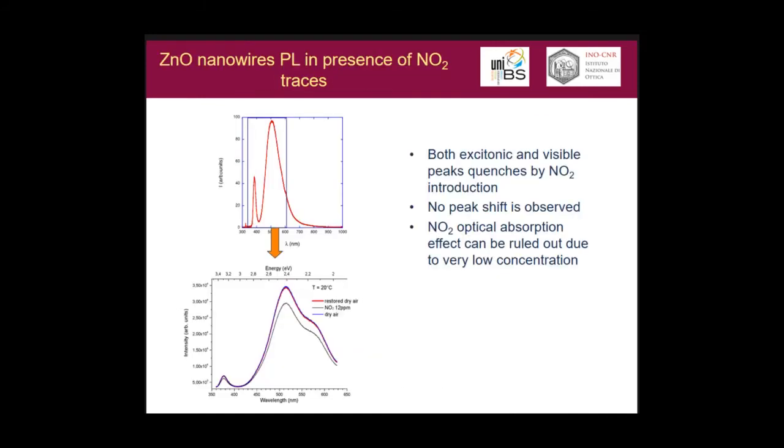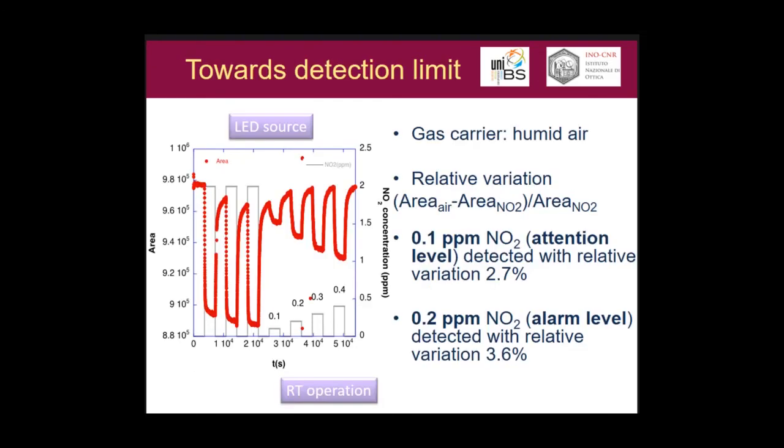And what happens is that our photoluminescence signal is decreased by the introduction of NO2. And if we calculate the area under this whole peak, since we don't observe a peak shift, we can calculate the area and plot it as a function of the gas.